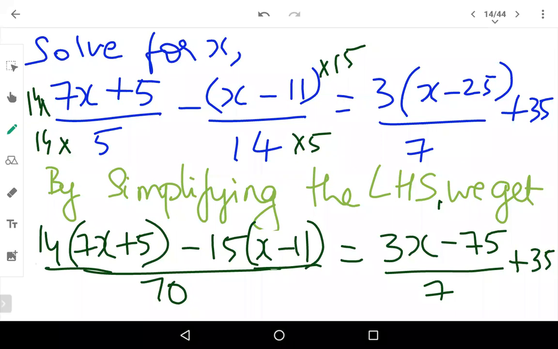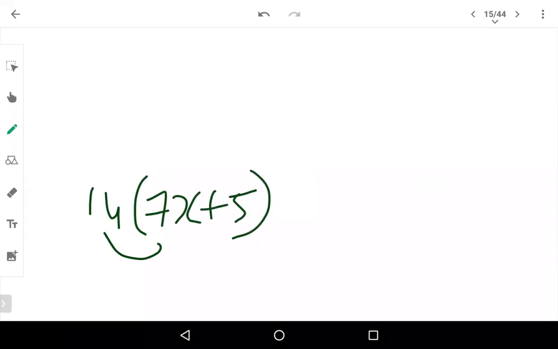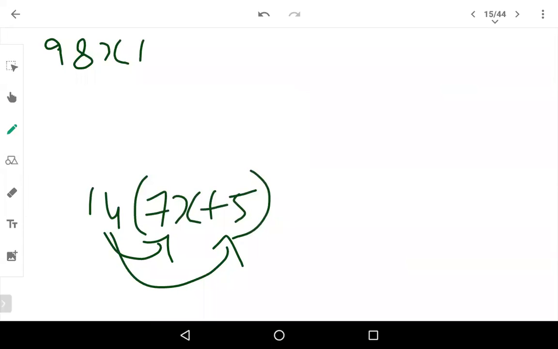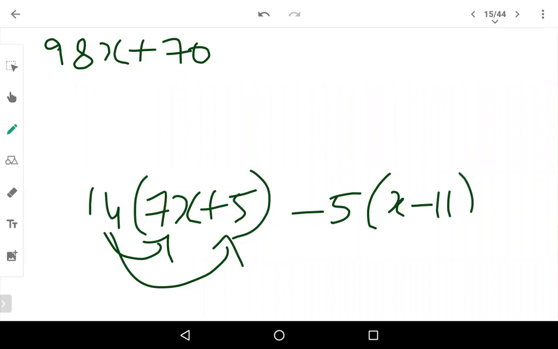Okay, now in the next step, let us multiply this 14 into the expression and minus 5 into the expression given here. So in the next step, 14 into 7x plus 5. 14 into 7x will give me 98x. 14 into 5 will give me plus 70. This is the first expression. The second expression is minus 5 into x minus 11.